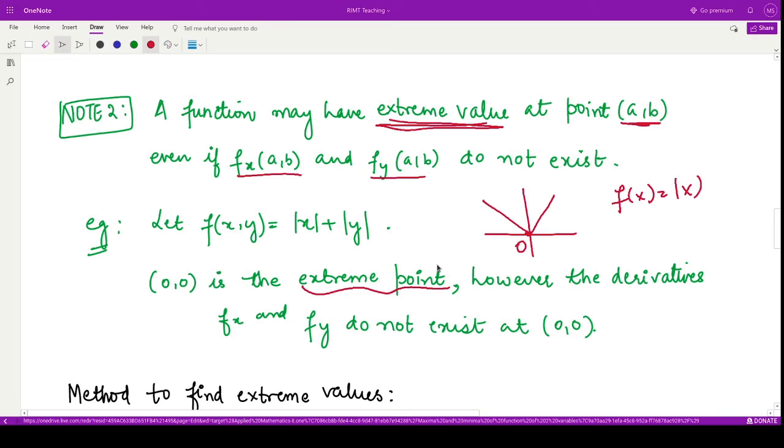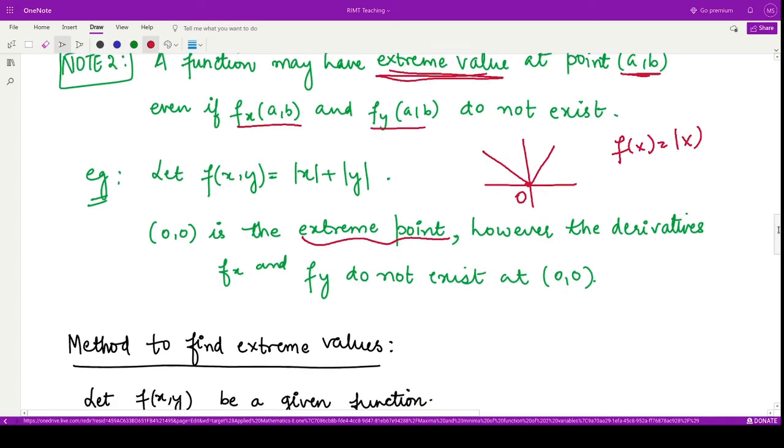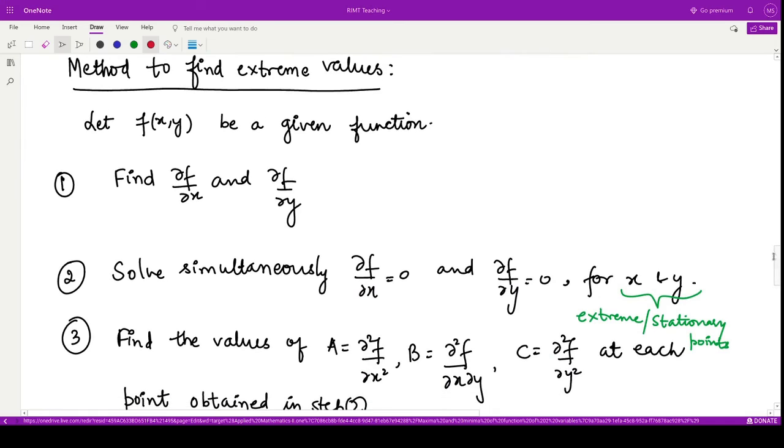Having said that, let us first see how you find the extreme values. What is the procedure? Suppose you are given some function f of x, y. Firstly, you calculate the partial derivatives of f with respect to x and with respect to y, and then you equate them to 0. So you will have two equations.